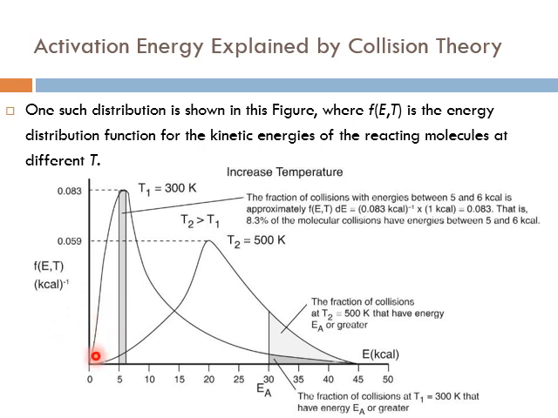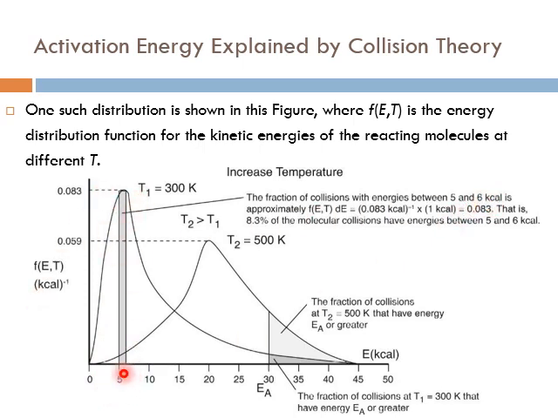Assume that the system is at this temperature, 300 Kelvin. You can see that the majority of the molecules have energy between 5 and 6 kilocalorie in this case. So how do you find the fraction of collisions with energies between 5 and 6 kilocalorie? Simply, it is the area under the curve between 5 and 6 kilocalories.